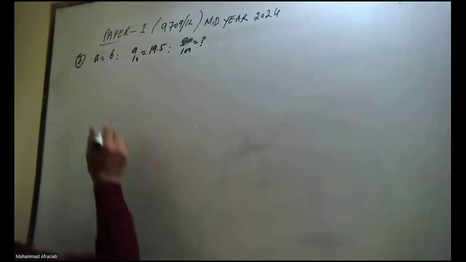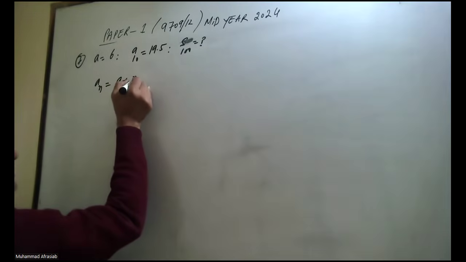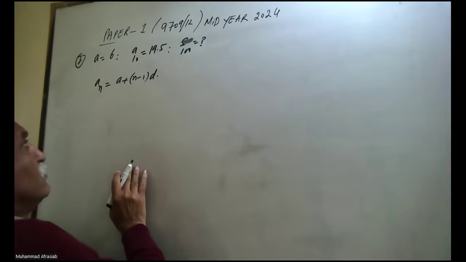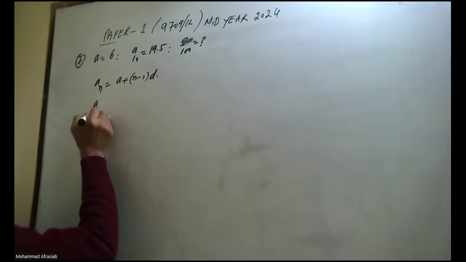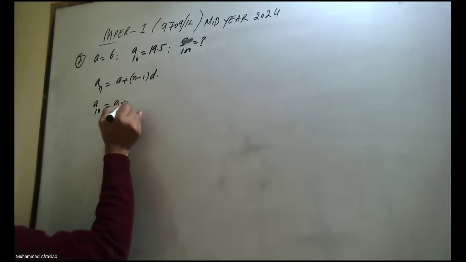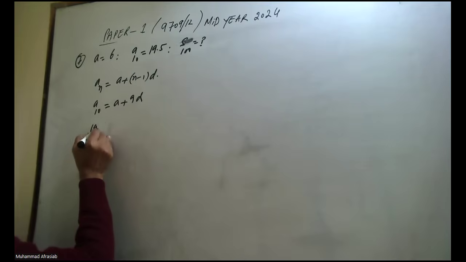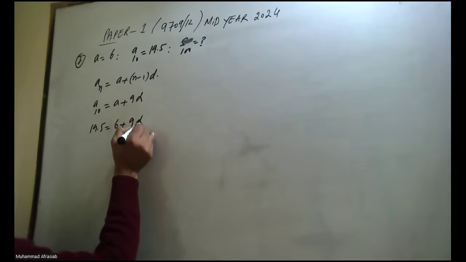In an arithmetic progression, the nth term is a plus n minus 1 into d. So the 10th term, a10, is equal to a plus 9d. The 10th term is 19.5, a is 6, so 6 plus 9d.